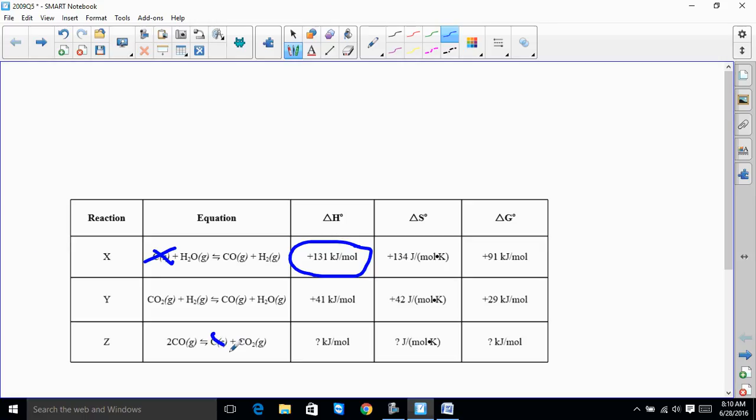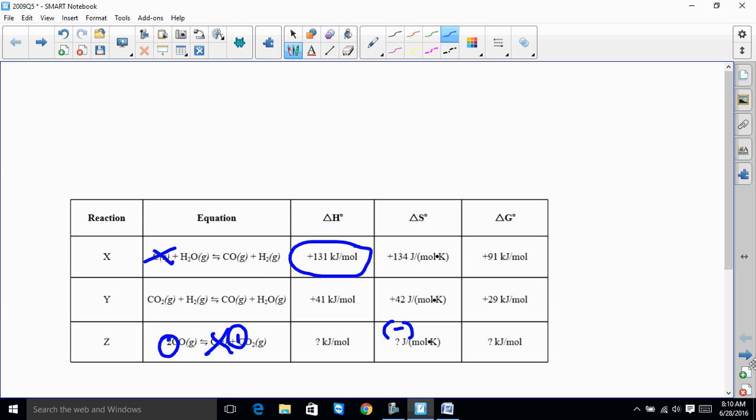So we have to go back, and it'll be very obvious because if you look at this, and remember liquids and pure solids don't count, 2 moles of gas is turning into 1 mole of gas. This is becoming more ordered. 2 moles of gas takes up more space than 1 mole of gas, and so delta S would be negative because it's getting less disordered.